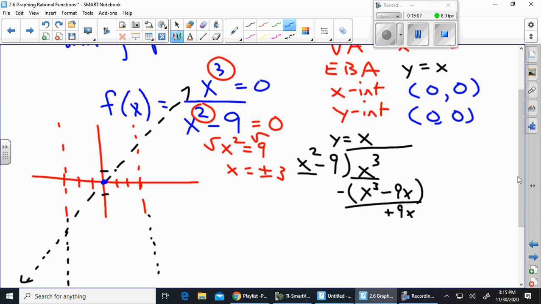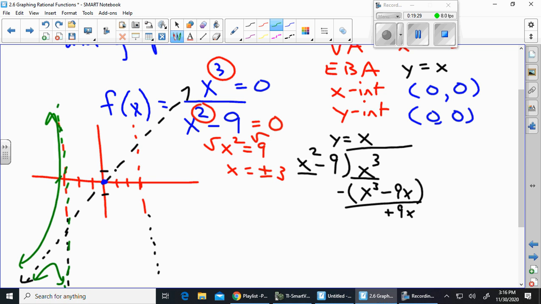Now this one is a weird one. When you're looking over here, and this is the part that is hard for people to understand, something happens to the left of negative 3. You have two choices, this or this.